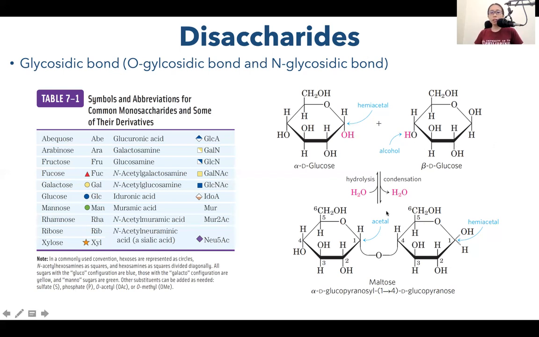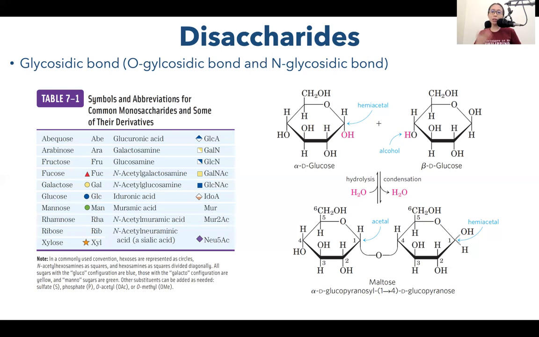So in the process of condensation, one water molecule is released and you form this O-glycosidic bond. O there means that the two units are bonded via an oxygen atom, because we also have what is called the N-glycosidic bond, which you already saw when we discussed your nucleic acids.